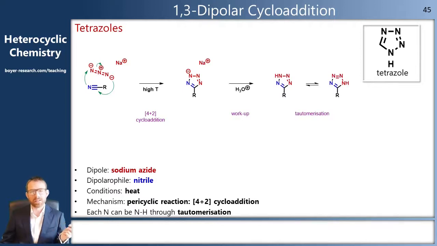This time, because there's now 4 nitrogens, there is no element of symmetry or selectivity, and we see a single product that will quench with water, and we'll remember that the H on a tetrazole can tautomerize, so that H can sit on any one of the nitrogens in our ring.